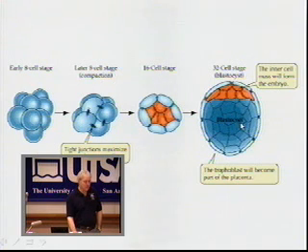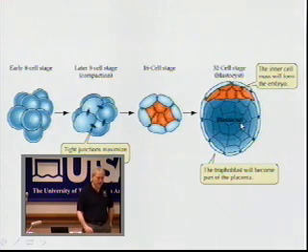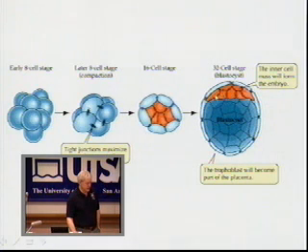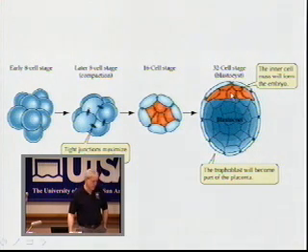The fluid building up in there pushes the inner cell mass to one side, and they're all stuck together by tight junctions, as I use the metaphor of the basketball filled with golf balls. The golf balls won't end up in one place unless they're stuck together in the very beginning.